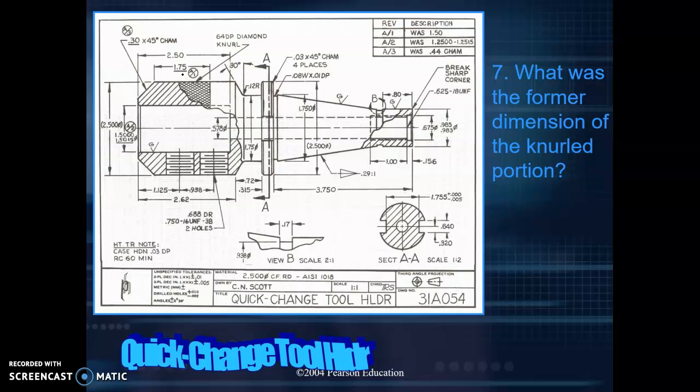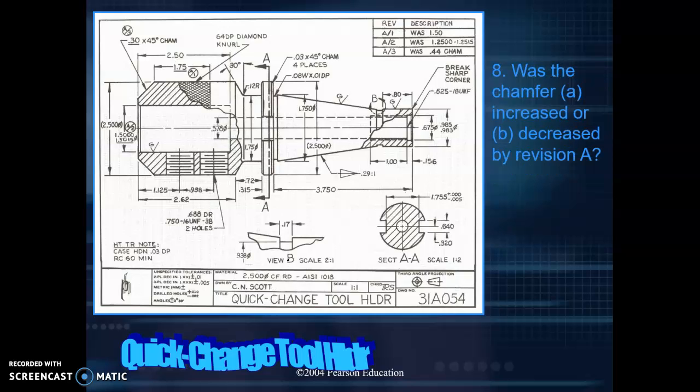And the 1.75 has changed from what it originally was. And if we look, it's revision A that changed it. So we go to A1, and we can see it was 1.5. So this may still be drawn as 1.5, but now the dimension has changed to let us know that it is now 1.75. So the former dimension was 1.5.